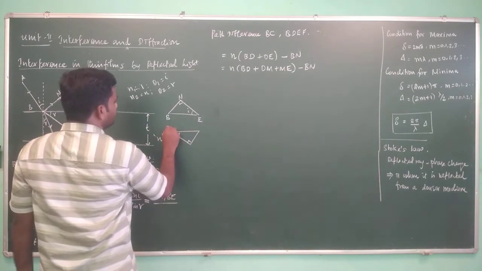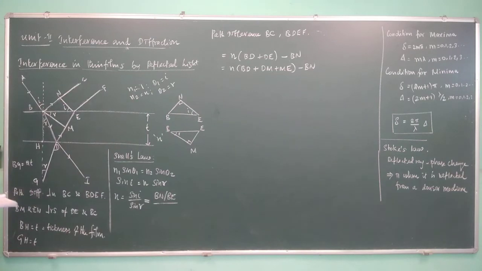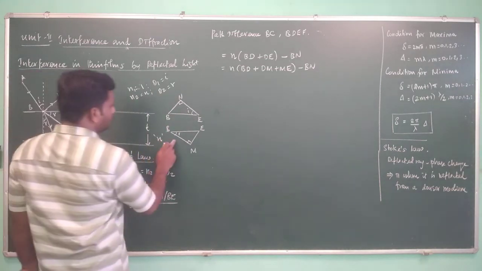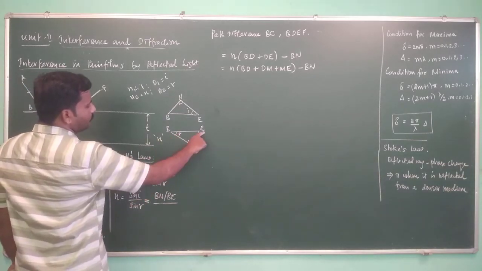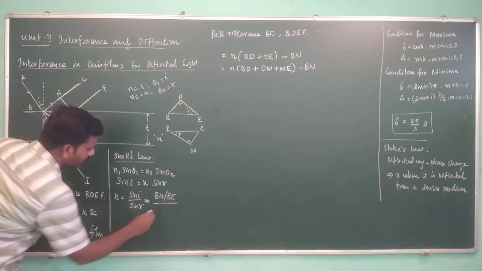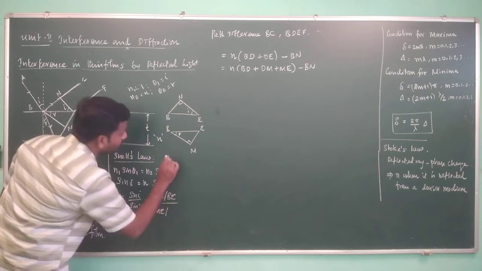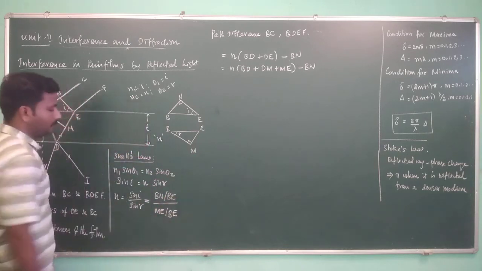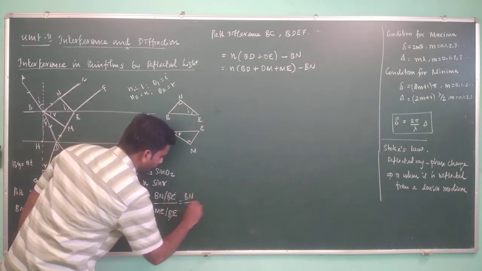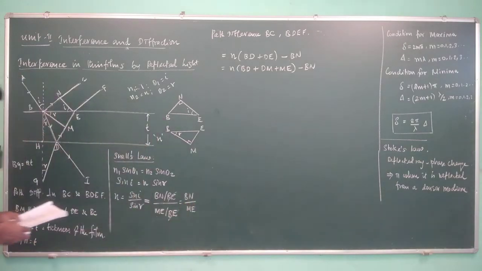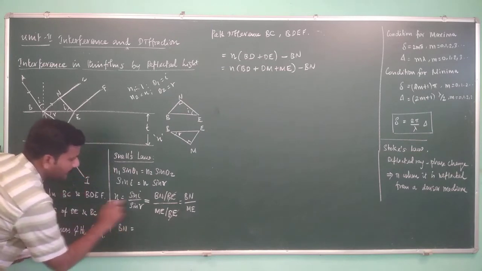Now r is here, it is B, it is E, here it is M. Now if you write the equation for sin r in this, for this r, this is the opposite side and this is the hypotenuse, so what you will get is opposite side by hypotenuse, ME by BE. So now this and this will cancel out, and we will get n equal to BN by ME. Or we can write BN, which is nothing but n times ME.